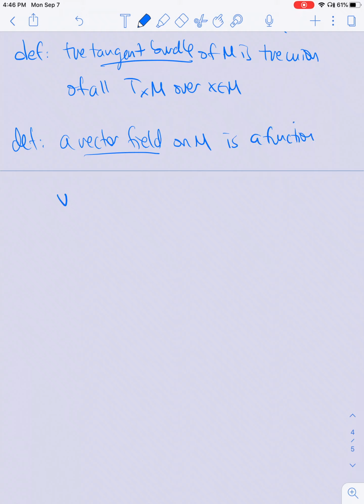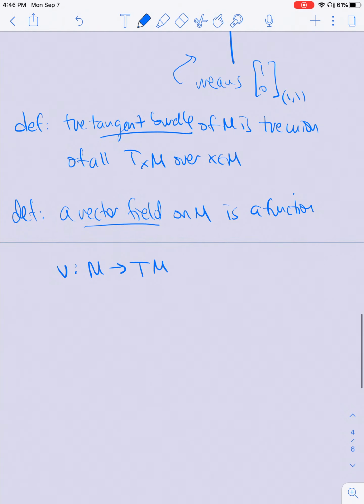Sorry, the tangent bundle is denoted TM, with no subscript. And a vector field is just a function v from M to TM, where I require that v of x is an element of the tangent space to M at x.